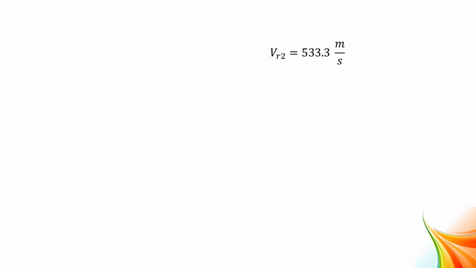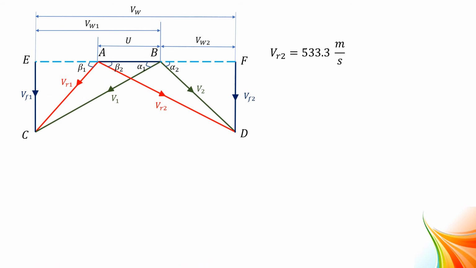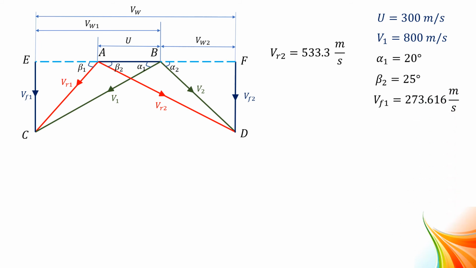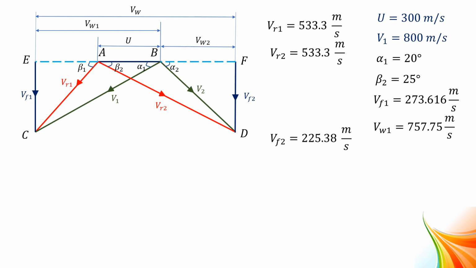We know VR2 equal to 533.3 meters per second, U 300 meters per second, V1 800 meters per second, alpha 1 20 degree, beta 2 25 degree, VF1 273.616 meters per second, VW1 757.75 meters per second, VR1 533.3 meters per second, VF2 225.38 meters per second, and AF equal to 483.33.